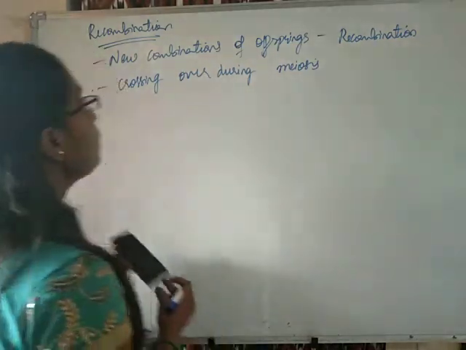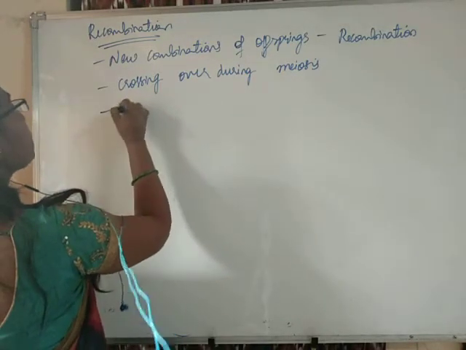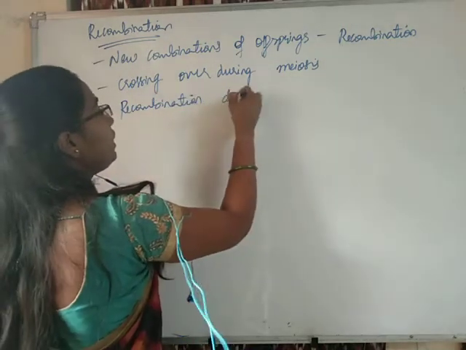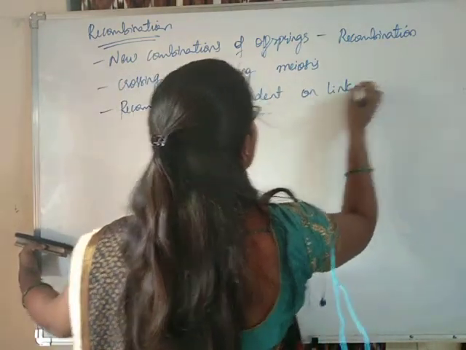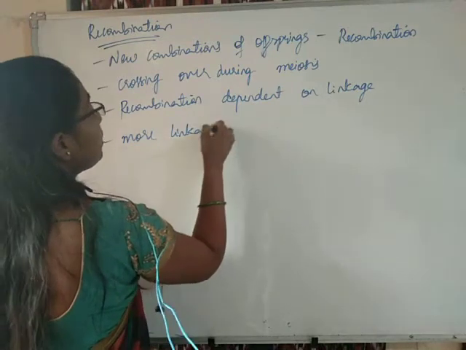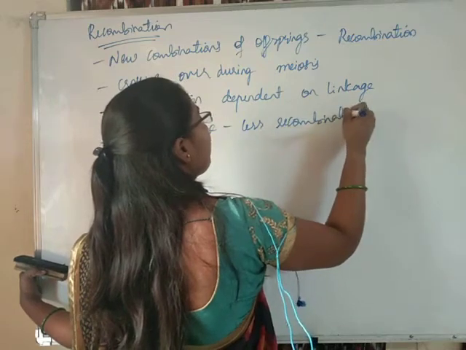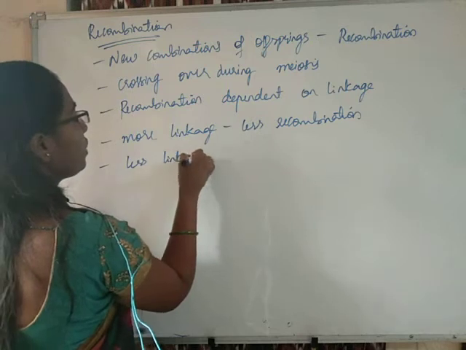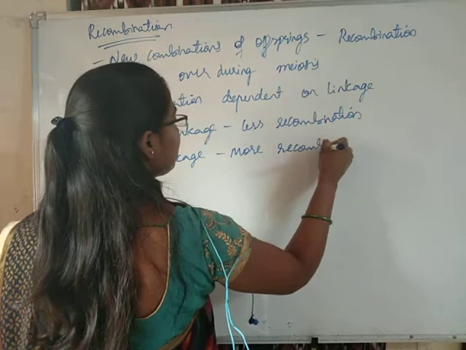Okay. So, here recombination is dependent on linkage. More linkage, the less will be the recombination. Less linkage, the more will be the recombination.